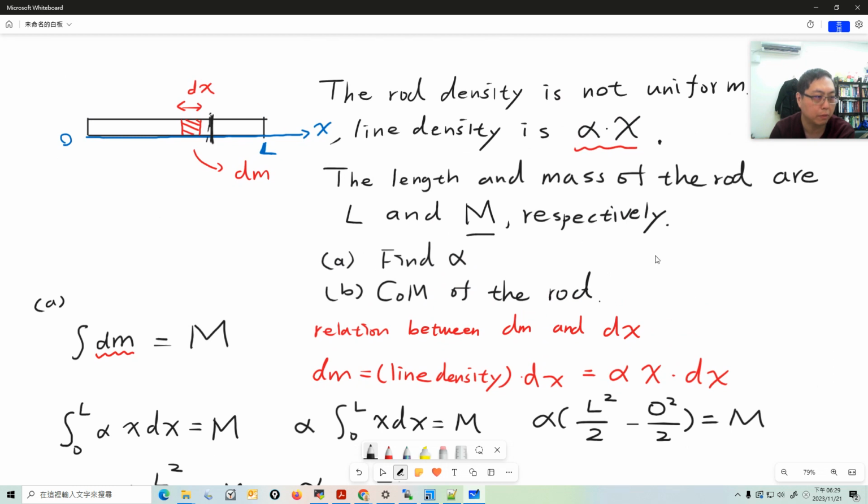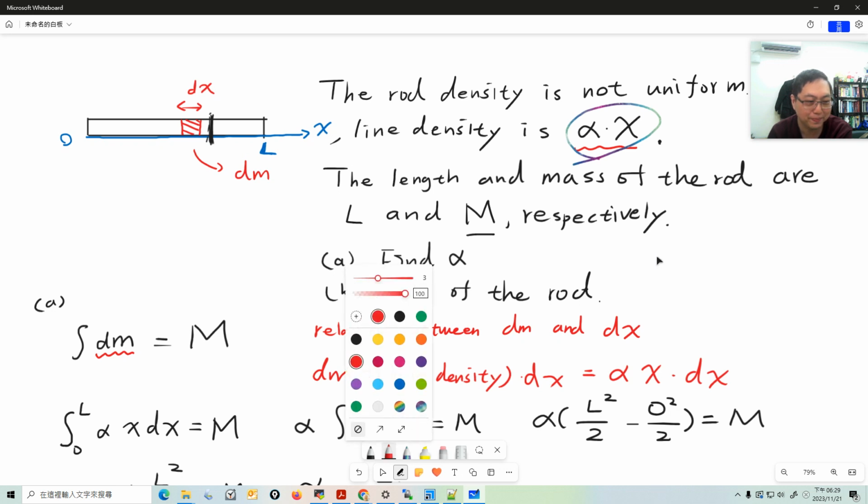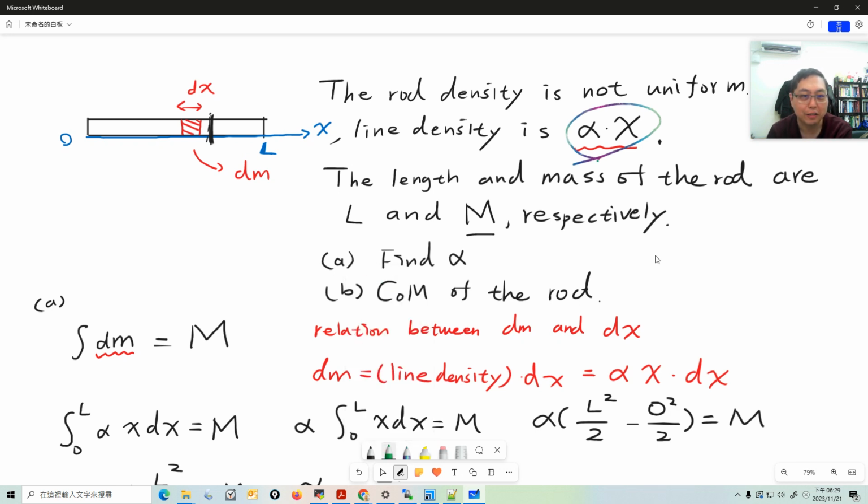So it's roughly 1, 2, 3, probably here. The center of mass is probably here. It's not right at the middle anymore, because its density is not uniform. Its density is a constant times x. Why is this? Its line density is alpha times x.